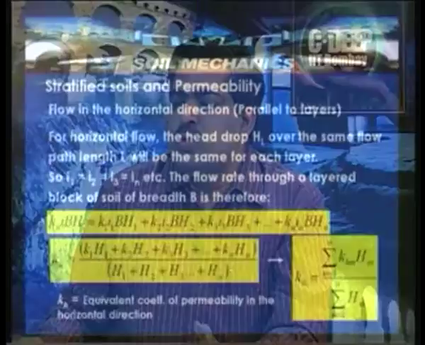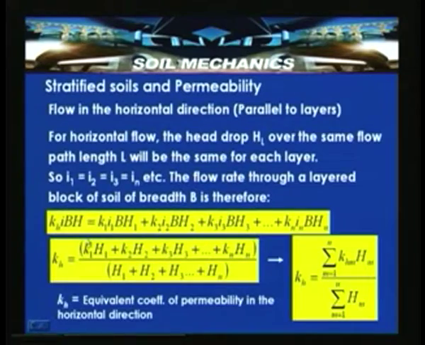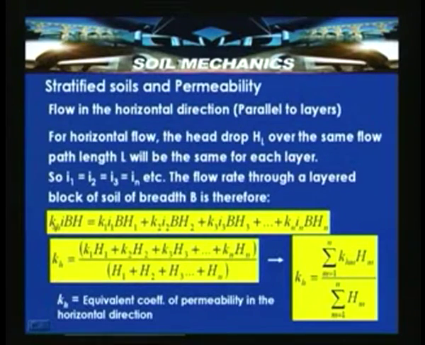Using Darcy's law again, we can write the flow rate as KH, the equivalent coefficient of permeability of all the layers in the horizontal direction, times I, the hydraulic gradient, which in this case is HL by L, times B, the width perpendicular to the plane of this figure, times H, the total thickness of the layers.